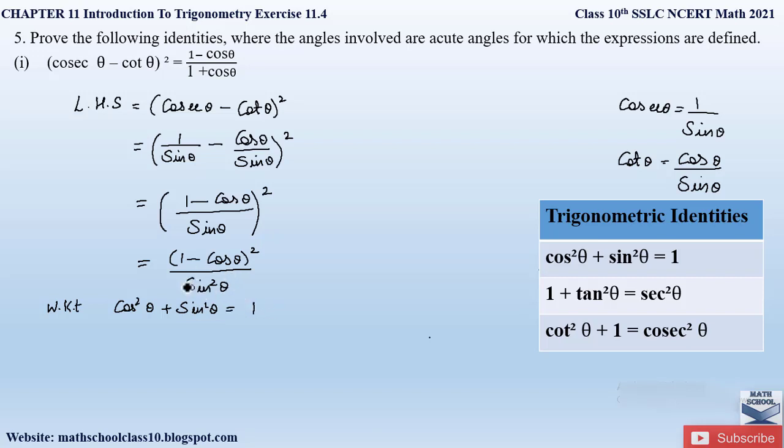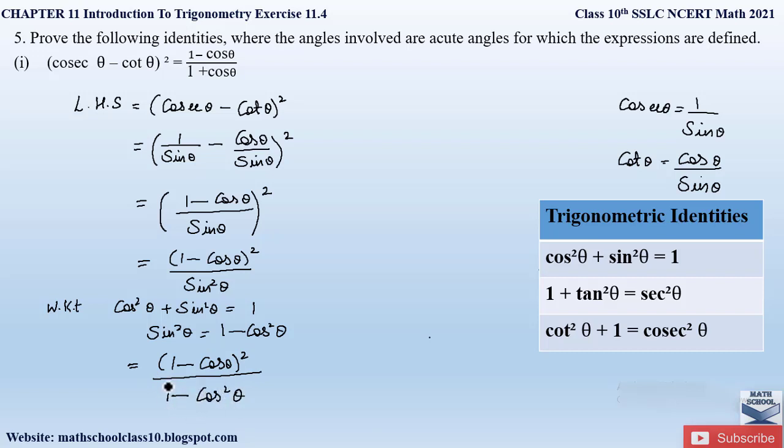Since we have sin square theta here, let us find sin square theta using this identity by sending cos square theta to the right hand side. So we get sin square theta is equal to 1 minus cos square theta. Let us substitute this value in our denominator. So this becomes 1 minus cos theta the whole square divided by 1 minus cos square theta.